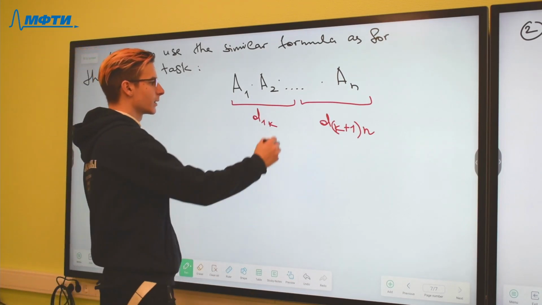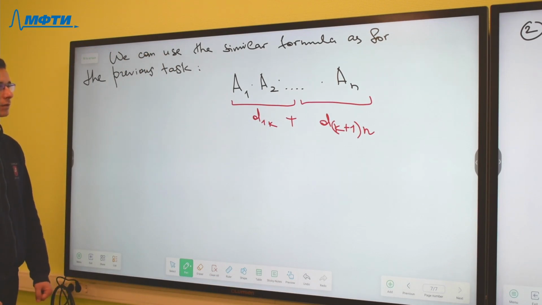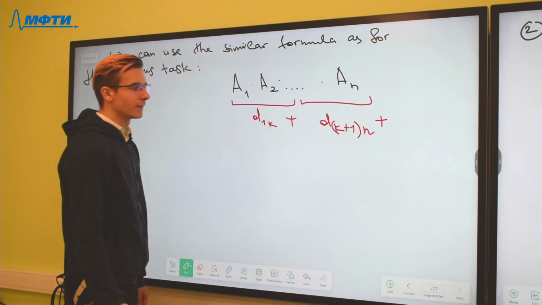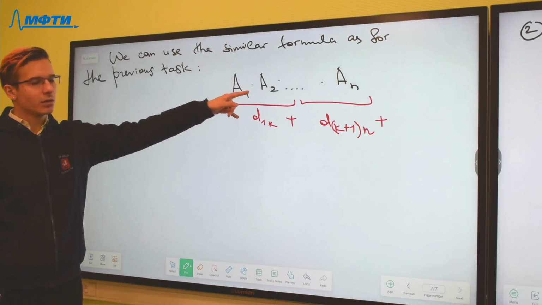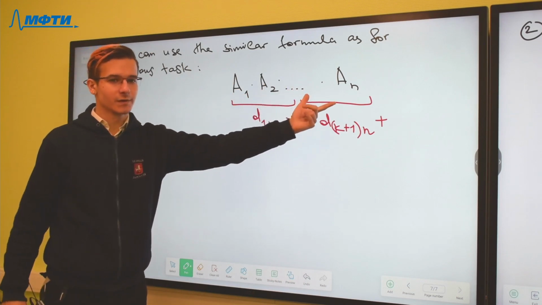And then we need to sum these time complexities and add the time that we spend to multiply all of these matrices, or multiply this matrix and this matrix.